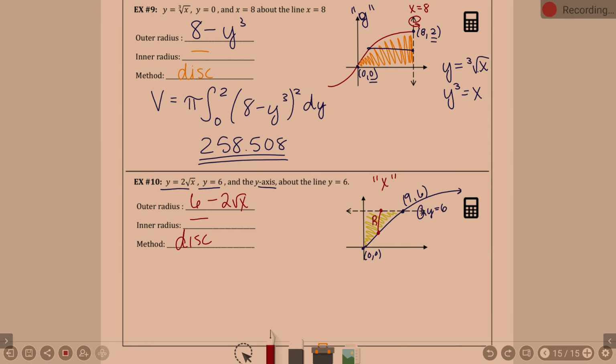That gets you the idea. Pi times the integral from 0 to 9, because we're in x's, of 6 minus 2 square root of x, quantity squared, dx. 169.646 in case you care about that answer.